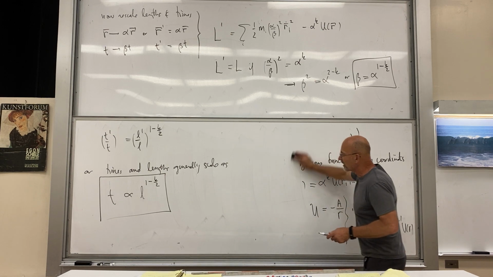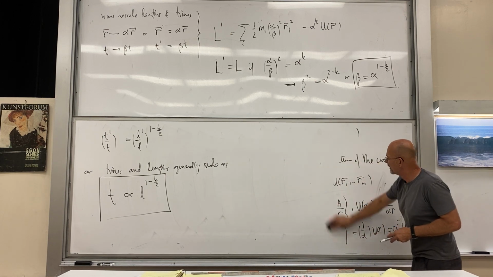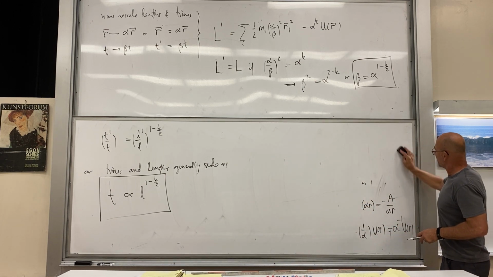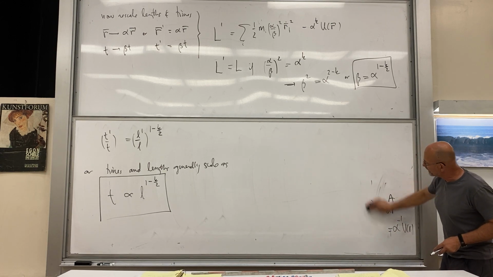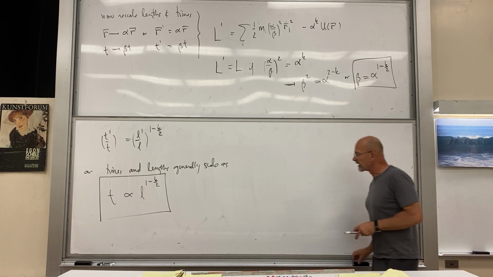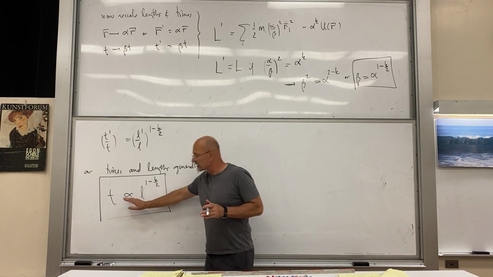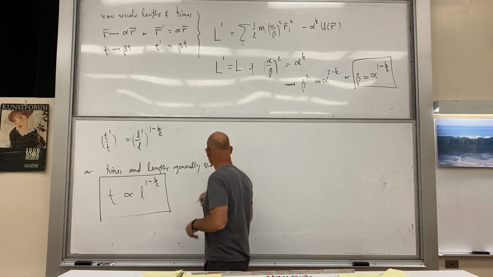So we're just going to take our example and see what happens. We haven't solved the equations of motion; we've just found a relation between how time and length scale.